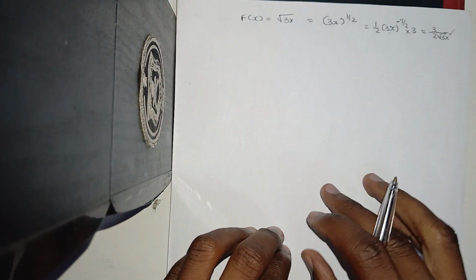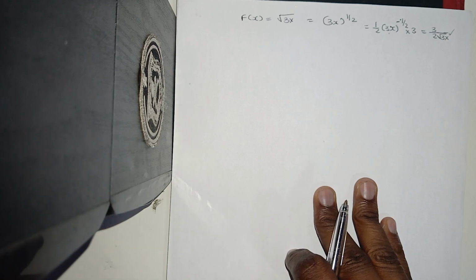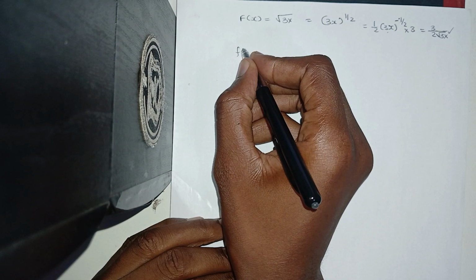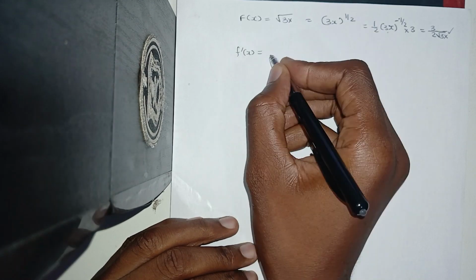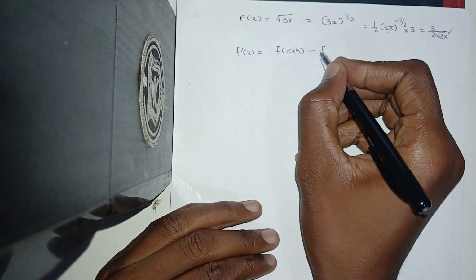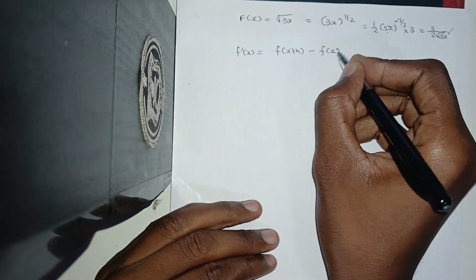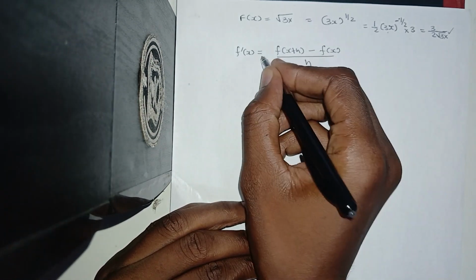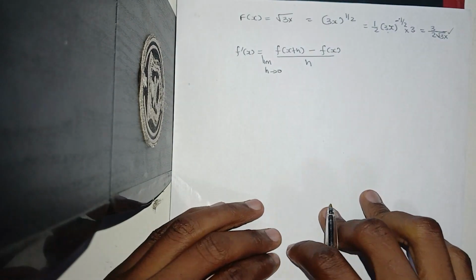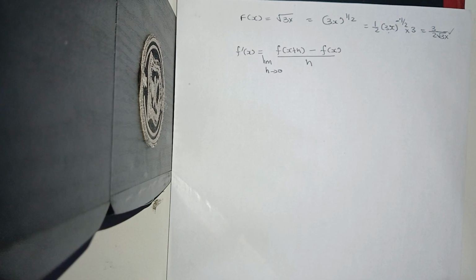But now they're saying use the first principle. That means you have to use the limit rule. So f prime of x is equal to the limit as h approaches 0 of f of x plus h minus f of x, divided by h. Now we have to just go for it because we don't have a choice.